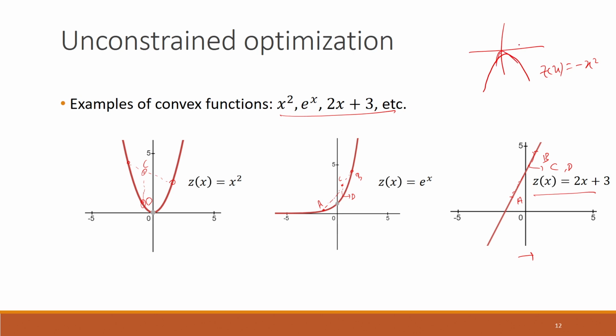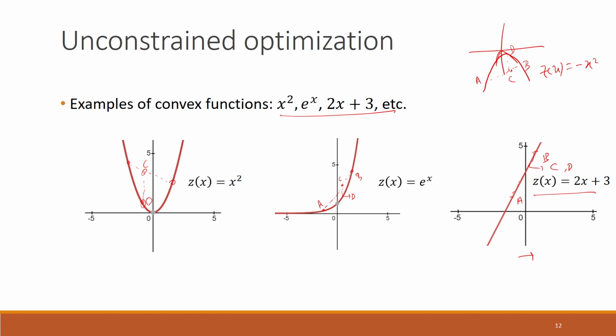This is kind of the mirror image of z(x) equal to x square around the x axis. If you pick any line segment connecting any arbitrary points on this function, then any point on this line segment, suppose C, will never lie above the corresponding point on the function itself.